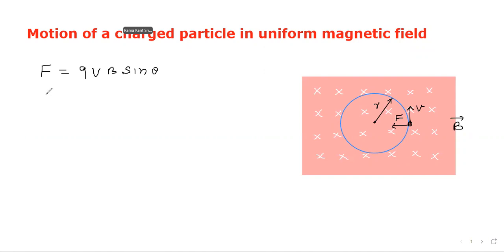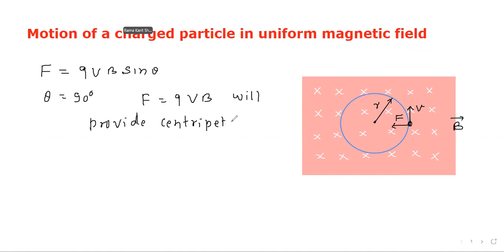When theta equals 90 degrees, in that case, F equal to qvB will provide the centripetal force. And because of this centripetal force, the particle will move in a circular path.